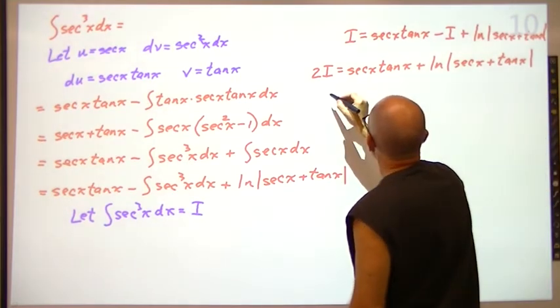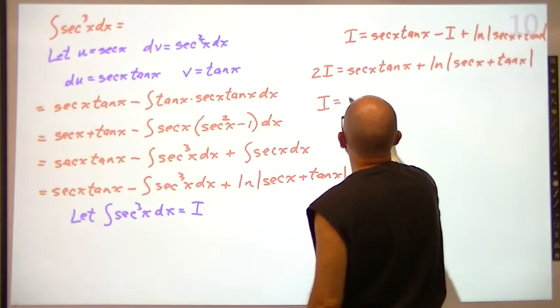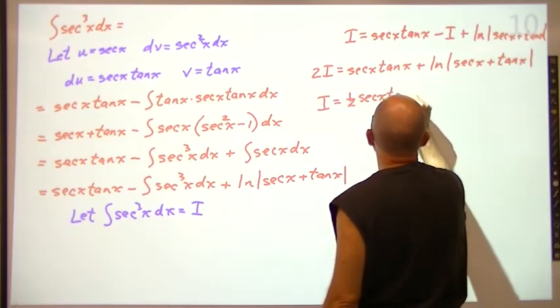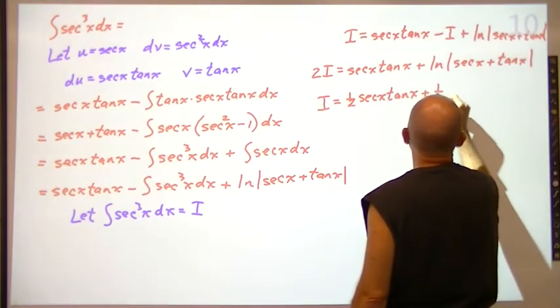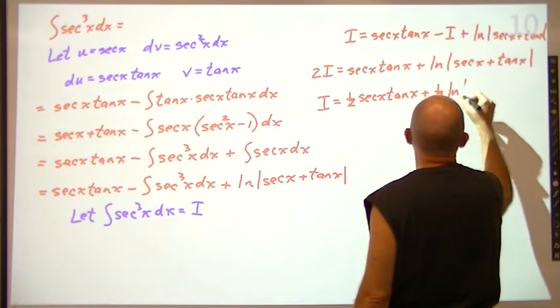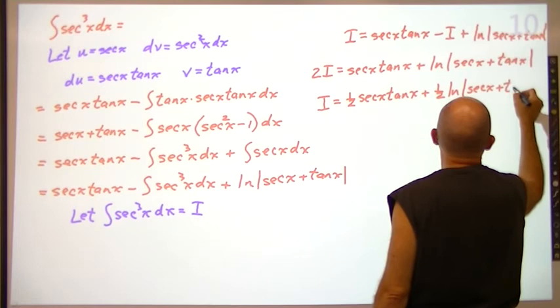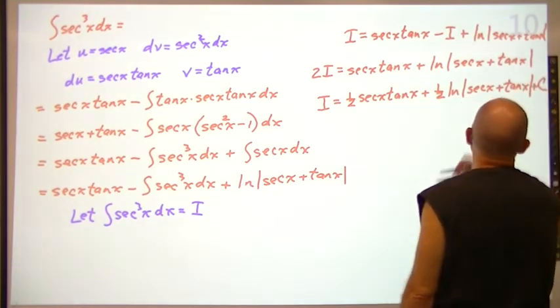So that means the one integral equals 1/2 secant tangent plus 1/2 natural log secant plus tangent plus C at the very end.